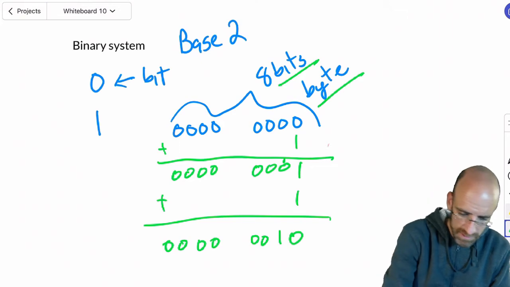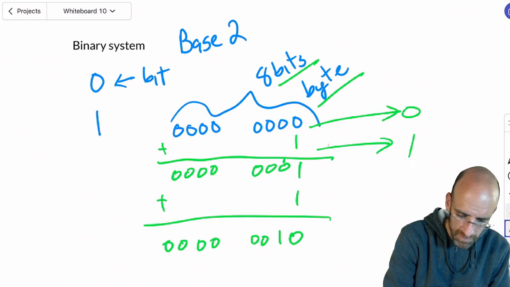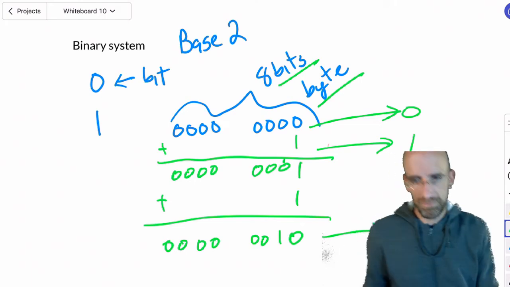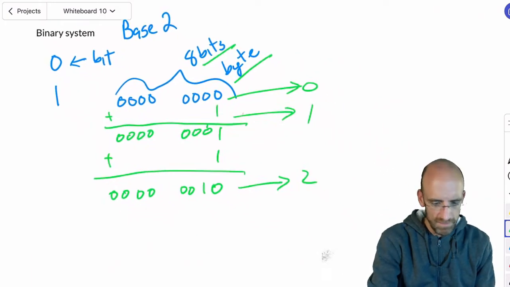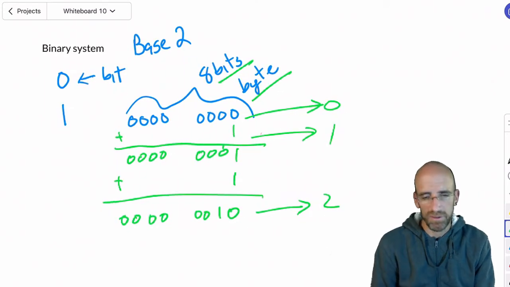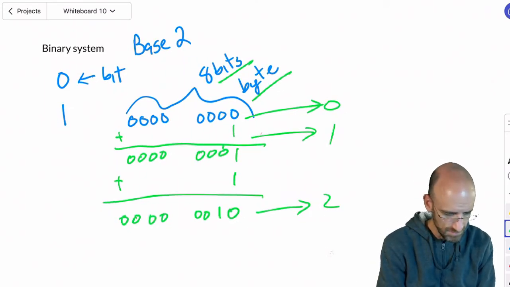So all zeros is 0, plus 1 is 1, plus 1 is 2. And this is what our binary system is based off of, and we're going to keep exploring this as this lesson goes on.